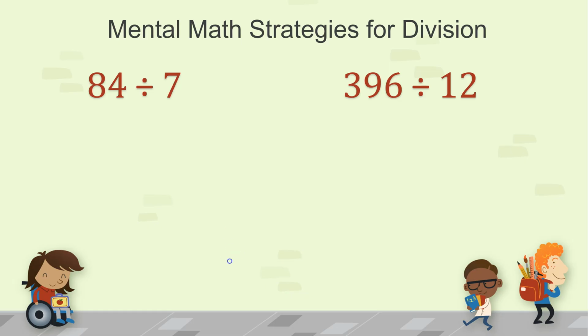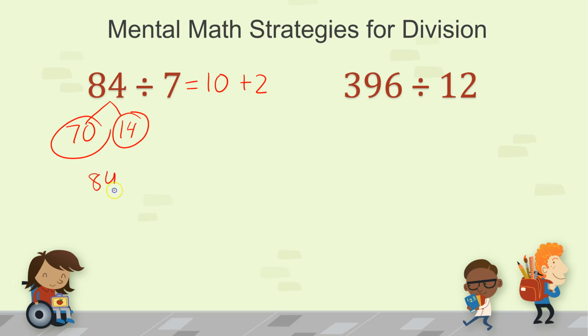For example, if we have 84 divided by 7, well, I know that a friendly number of 7 is 70, and 84 must be 70 plus 14. 70 divided by 7 is 10. 14 divided by 7 is 2. Therefore, 84 divided by 7 is 12. And that is it. That's the mental strategy of breaking the numbers into nice parts to divide.